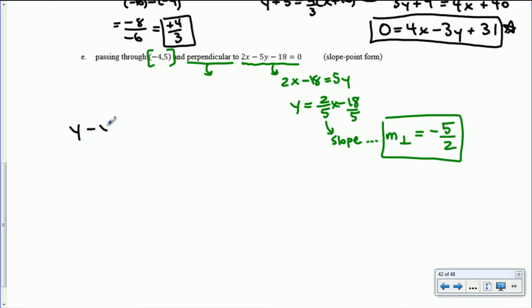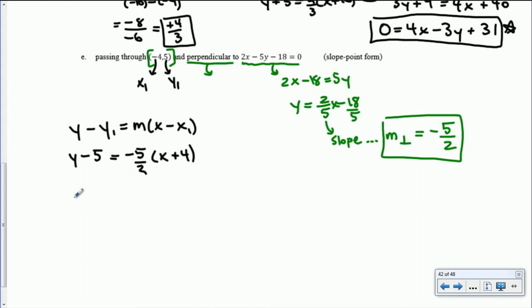I can use point-slope form, y minus y1 equals m times (x minus x1). So that's your y1, that's your x1. So y subtract y1, y subtract 5, equals -5/2 times (x plus 4). So let's simplify that a little bit.